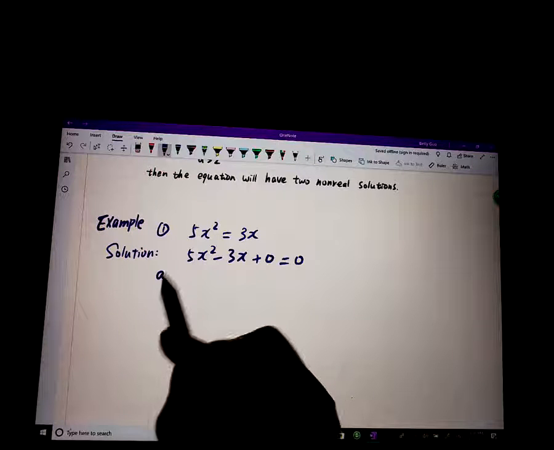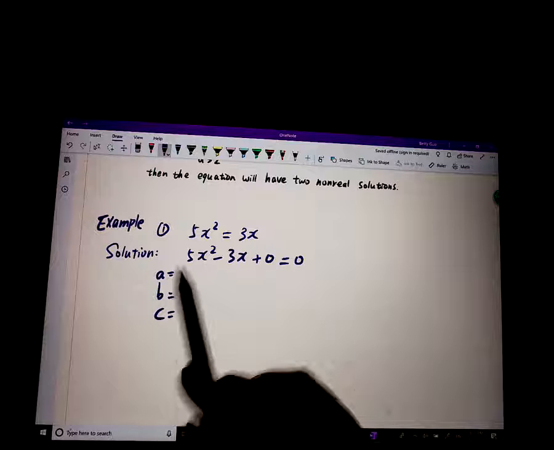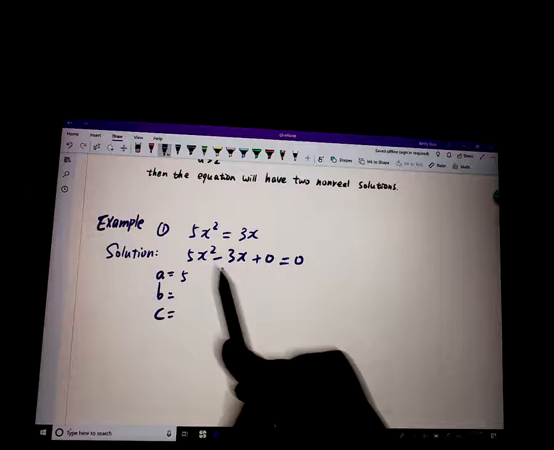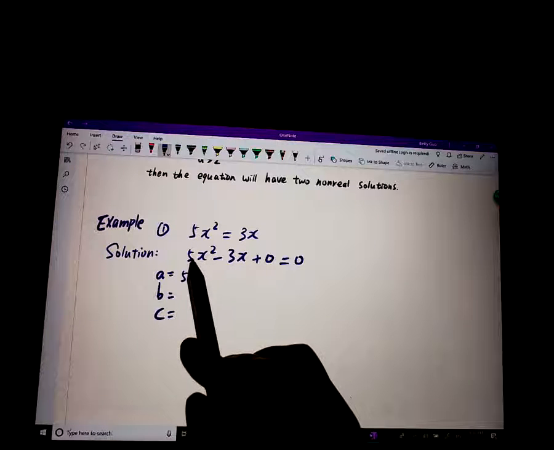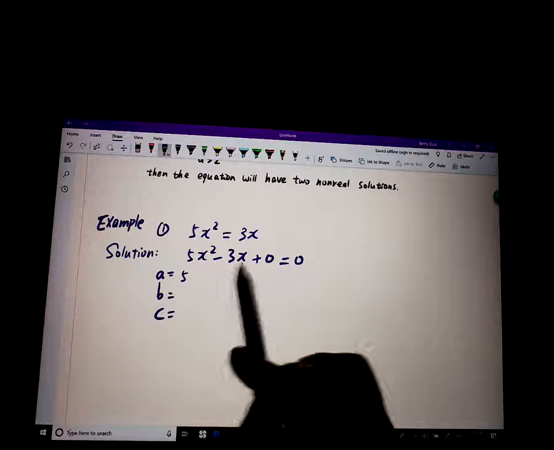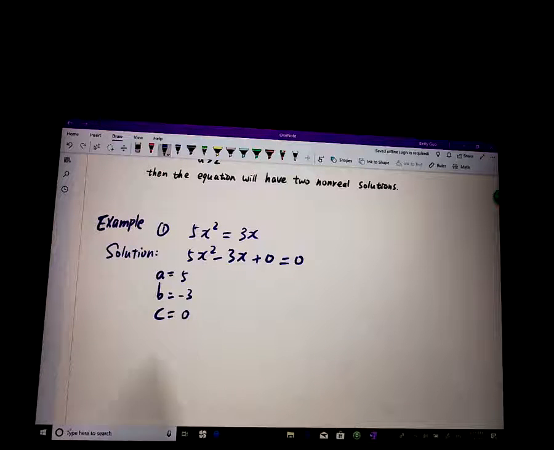And then you're going to tell me what is A, what is B, what is C. A is the leading coefficient. B is the coefficient of the middle term. We have 3 terms. Leading term is the first, constant is the last, and the term with x is in the middle. So the coefficient is -3. Constant term is 0. Be careful with the sign.